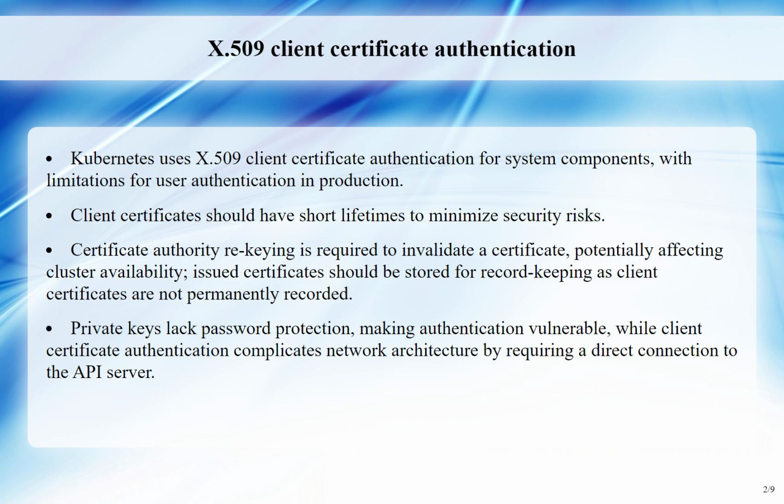Additionally, client certificate authentication requires a direct connection from the client to the API server without TLS termination points, complicating network architectures. Group data is embedded in the client certificate's O value, meaning user group memberships cannot be changed for the certificate's lifetime.